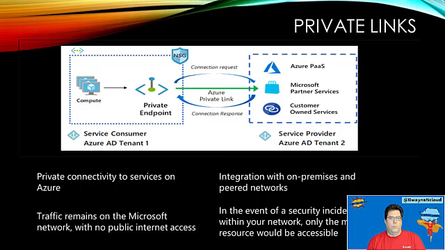You can utilize the SQL PaaS services as that archival location and then have that connection through a private link for access to that information. So again, another way to have a secure pathway and connection from your on-premises environment to specific Azure services, without needing to create a virtual network gateway.